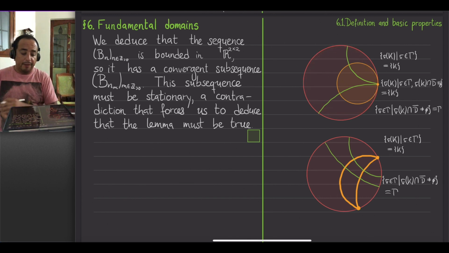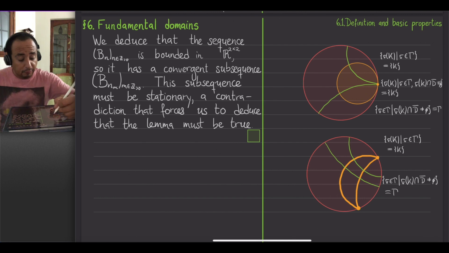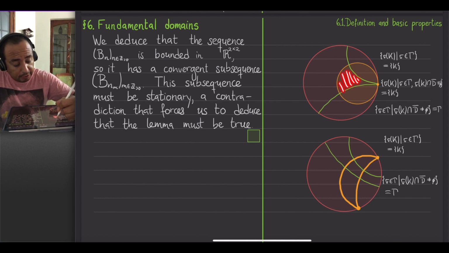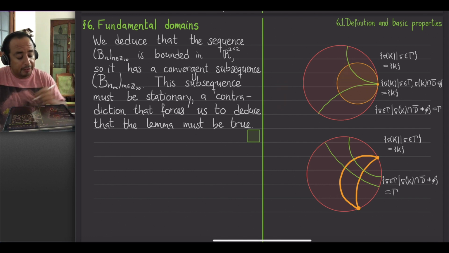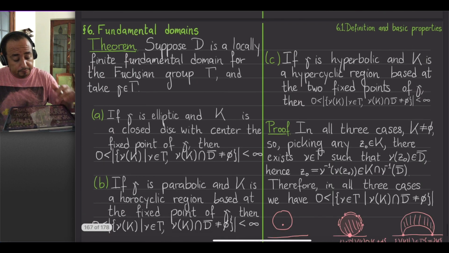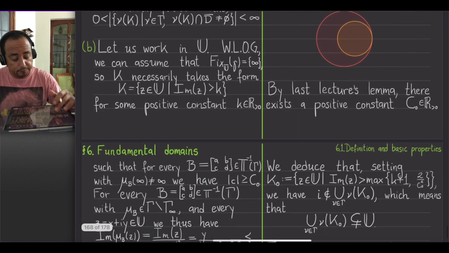So that's why in the parabolic case I needed a trick to shrink this fundamental domain for the action of the subgroup generated by the element gamma in the horocyclic region. I needed to shrink it to a compact case. Here I don't need to shrink it. Here the closure is already compact, whereas there it wasn't. Okay. So it's going to be easier.